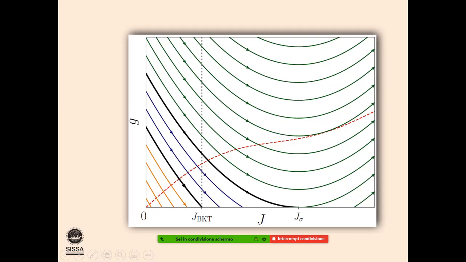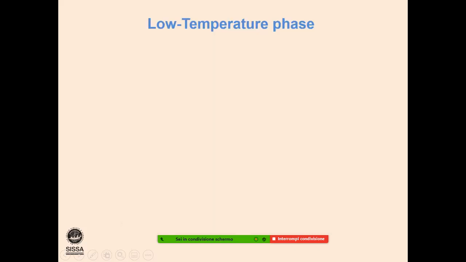Now, this is true as long as sigma is between 7/4 and 2, because if sigma were less than 7/4, this second line starts to be on the right of this other line, and basically the whole BKT phase, the blue one, is swallowed by these two instabilities.